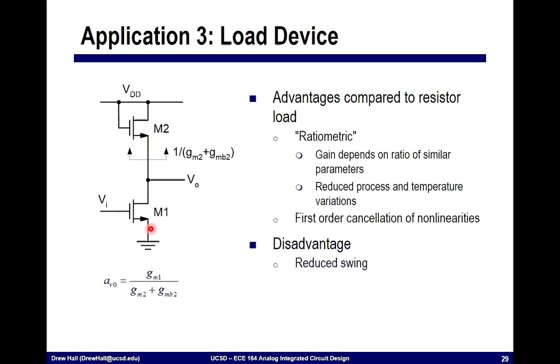And so the gain of this is GM1, that is the transconductance of this device, times the impedance at the output, which is this impedance looking up, 1 over GM plus GMB2, in parallel with RO1, which is much, much, much larger than this effective impedance. So the gain effectively turns out to be GM1 divided by GM2 plus GMB2.